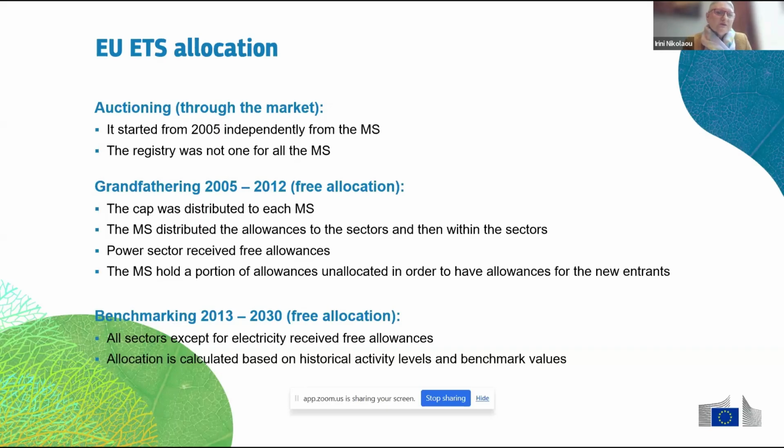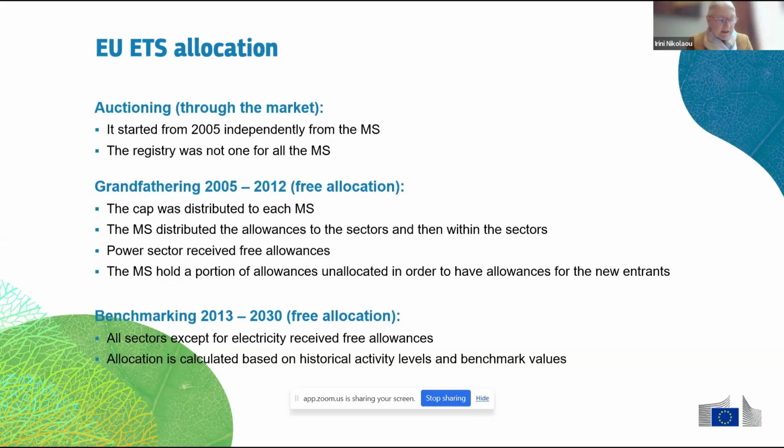In the ETS, we started from the beginning, 2005. Auctioning was possible, and it could start independently from the member states. There was no union registry. After the definition of the cap, we had the distribution of allowances to the member states.